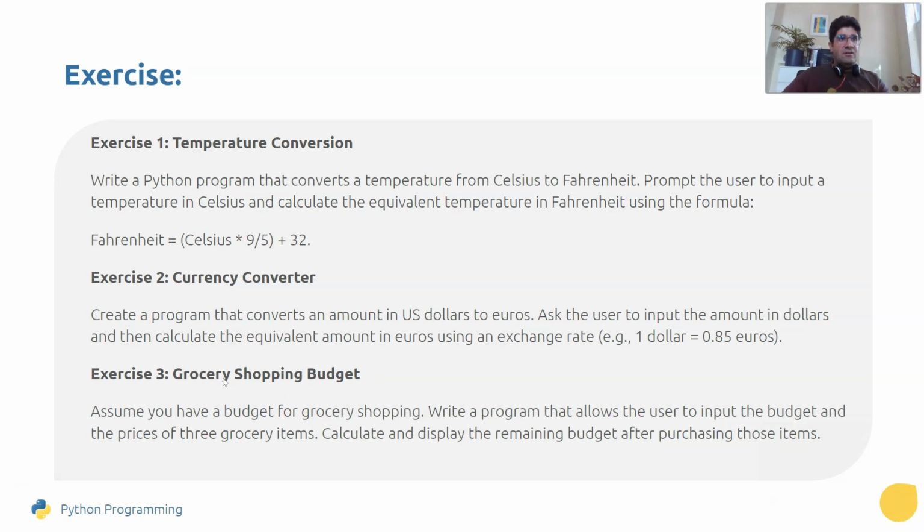The third exercise is grocery shopping budget. So for example, if you have a budget for grocery shopping, now you need to write a program that allows the user to input the budget and the price of 3 grocery items. Then you can calculate and display the remaining budget after purchasing those items.